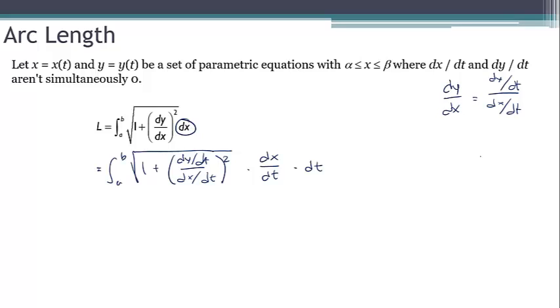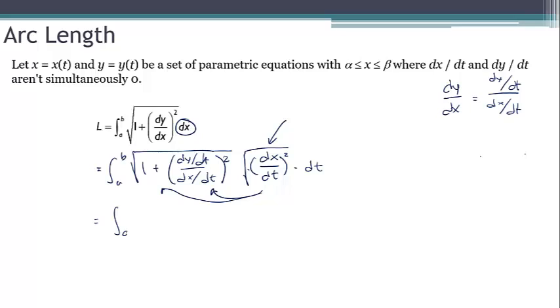Now we need to do a little algebra trick. I want to bring this dx/dt inside the square root, so I'm going to rewrite it as the square root of (dx/dt) squared. Now I can combine the two square roots and distribute this (dx/dt) squared to both terms.